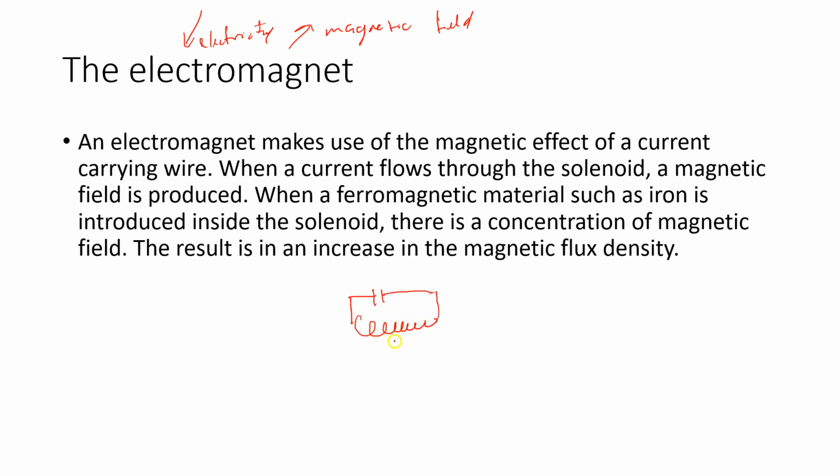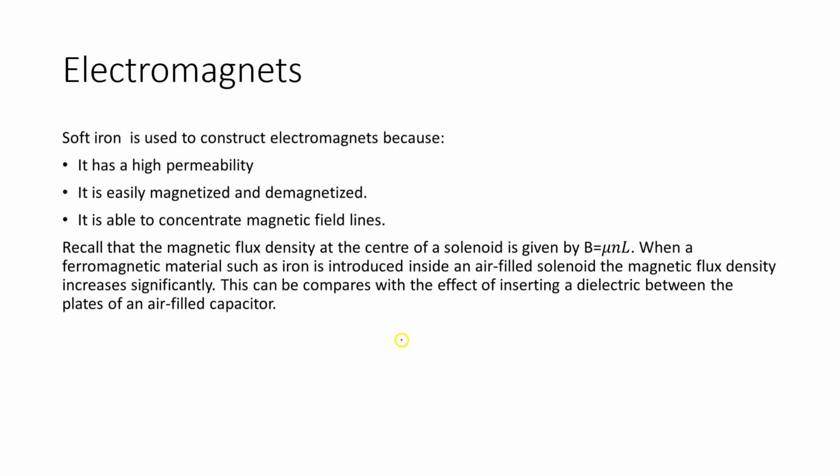And by becoming magnetized, we now form what we call an electromagnet. So in a sense, it's a magnet, but this magnet is a result of the flow of electricity through a solenoid. And we're going to look at how it works eventually.